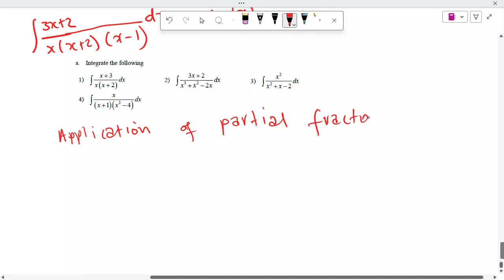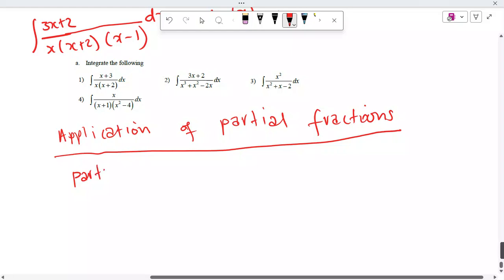So partial fractions, it's the same as you have a fraction, then you want it to be, so in short, it's the application of partial fractions decompositions.